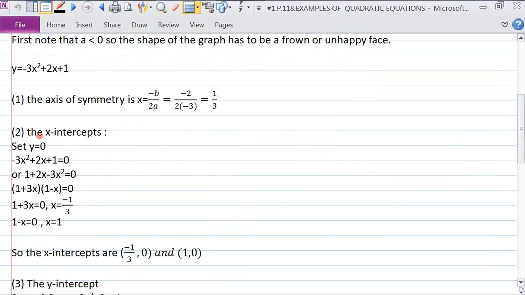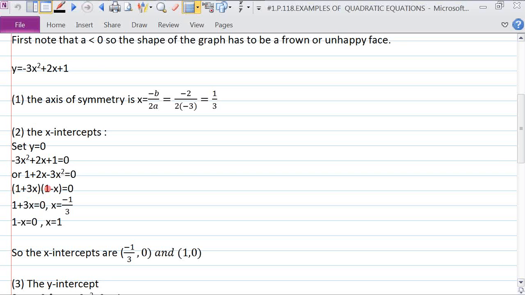Now, to find the x-intercepts, we have to set y equal to 0 in the equation that we're given. This is the equation, so we set that equal to 0. We just rearrange it: 1 plus 2x minus 3x squared. I've just rearranged this, and now I factor this. I get 1 plus 3x times 1 minus x.